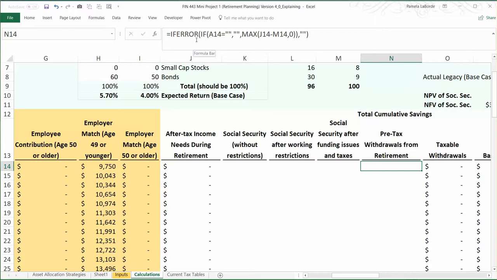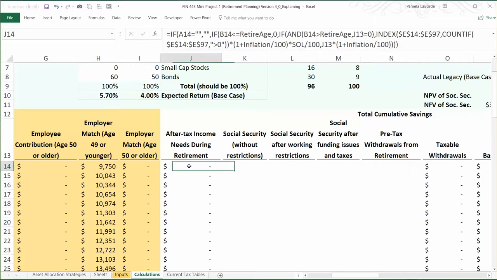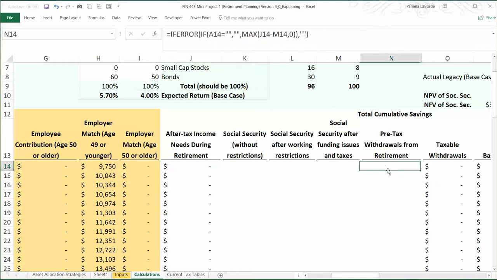But the formula, alas, is not as simple as just saying take column J and subtract column M, but it's not a bad formula. First, I just said if my year column A is blank, then put blank.